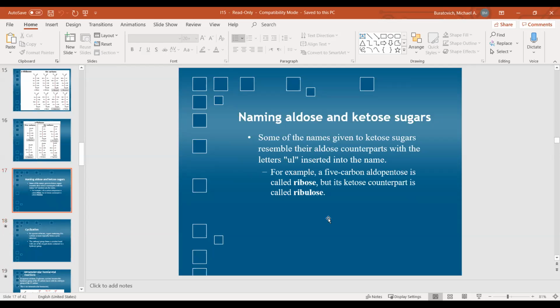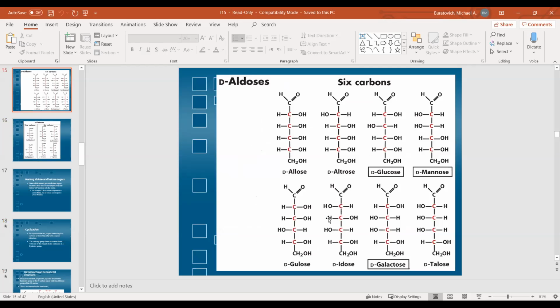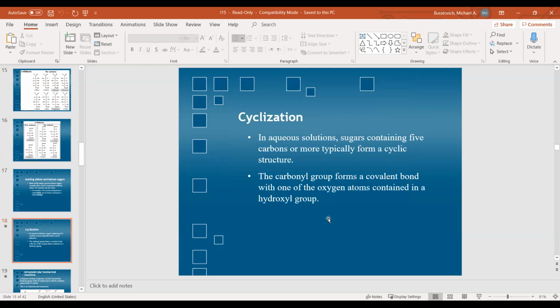Now, these Fischer projections, that's what they look like in crystals. So the glucose that you get upstairs, it's crystalline. It looks like that. But when you put it in water, it cyclizes. The cyclic form is much more stable in water, so that's the predominant form in water.